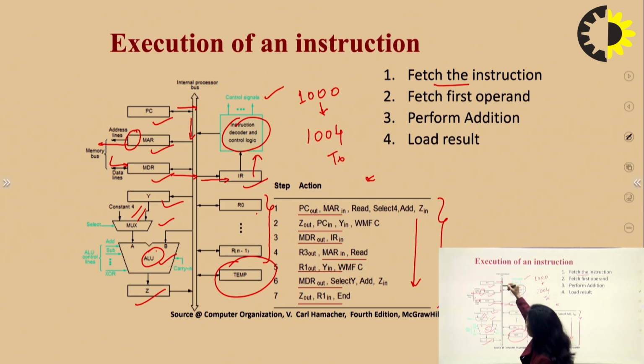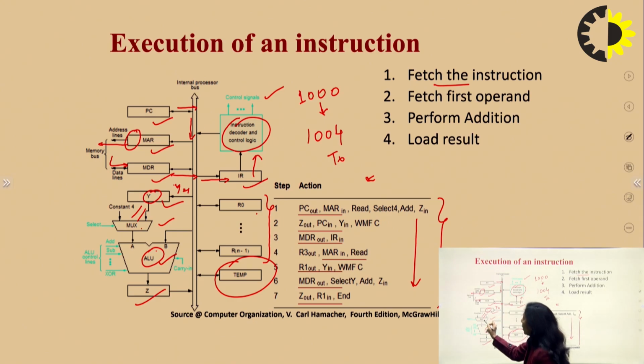So when this value comes here, the program counter will send its initial value to the register Y. How does it go inside the register Y? At the same instant, there is a switch, and this switch will make the value of Y equal to 1, which means the value can be entered from the bus.